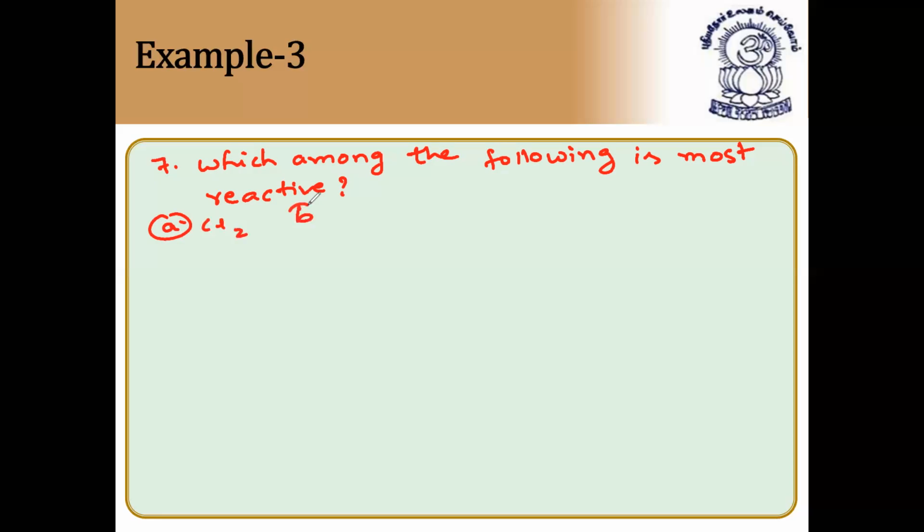Option 2, bromine gas. Option 3, iodine. And option 4, iodine chloride. This is an interhalogen compound. So which is the right answer? It is option 4, because it contains iodine as well as chlorine. So the answer is the fourth option.